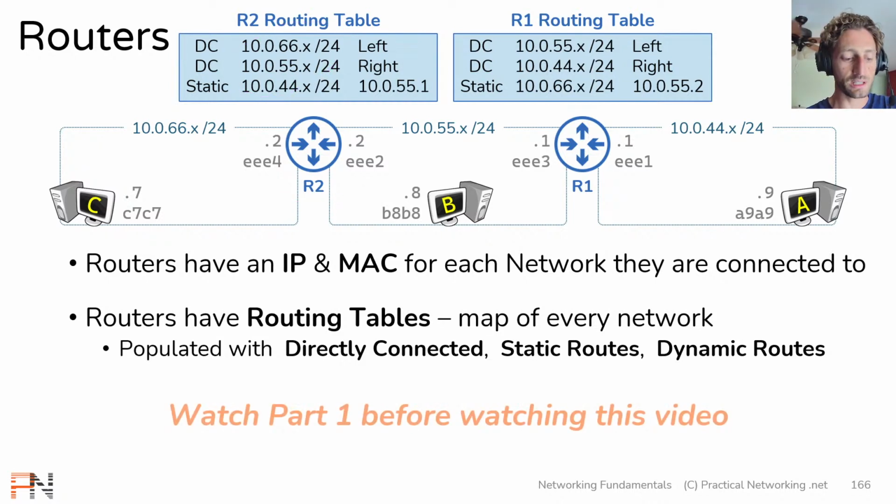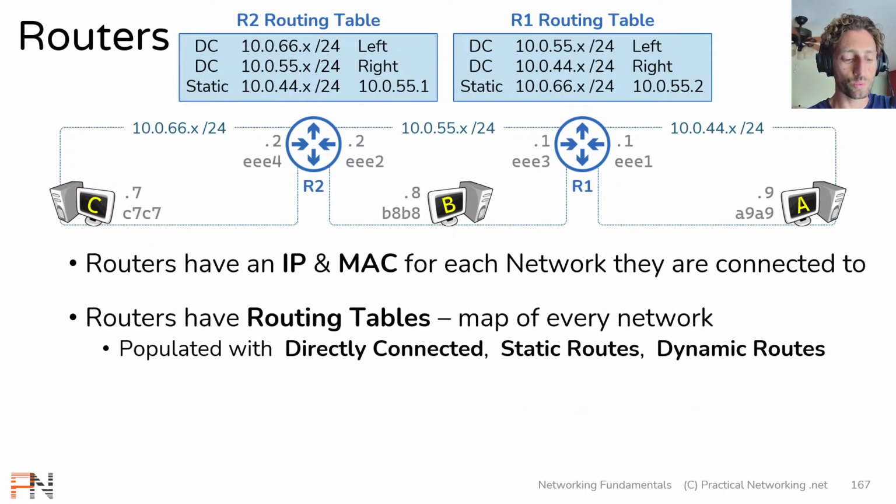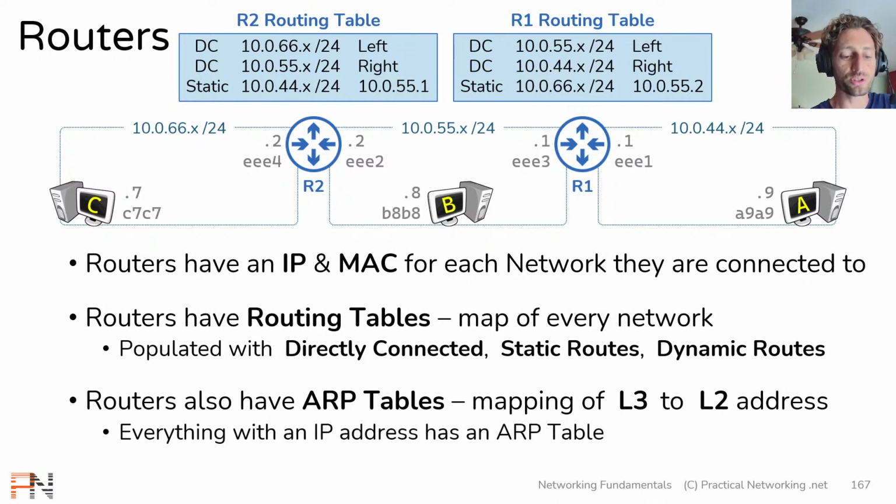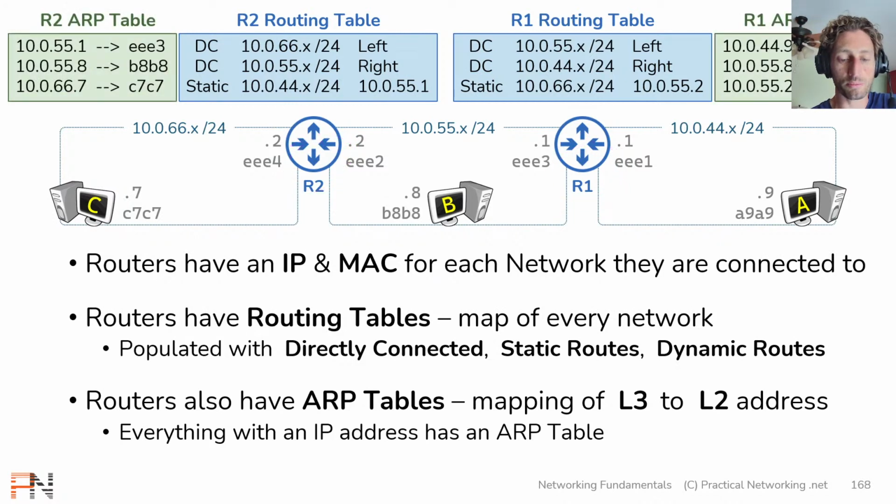Now, in that lesson, we didn't tell you that routers also have ARP tables. The routing table is going to tell the router how to get to a particular network, and then the ARP table is going to still have a mapping of the layer 3 to layer 2 addresses, just like hosts also have ARP tables. So both of these routers, router 1 and router 2, are also going to have ARP tables that they're going to maintain.